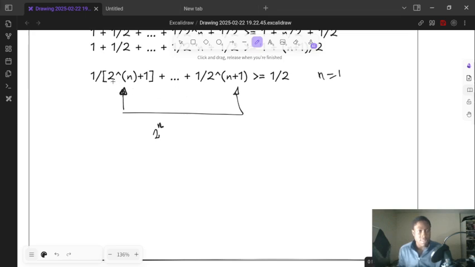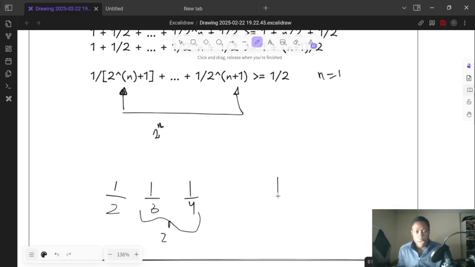Here you see that I started at 2 to the n plus 1, and then I go all the way to 2 to the n plus 1. So say I go from 2. Well, when I consider 1 over 3 to 1 over 4, I have 2 terms here. I have 2 terms here.